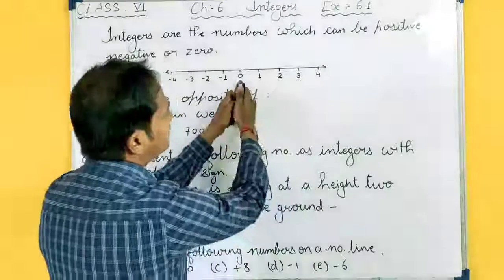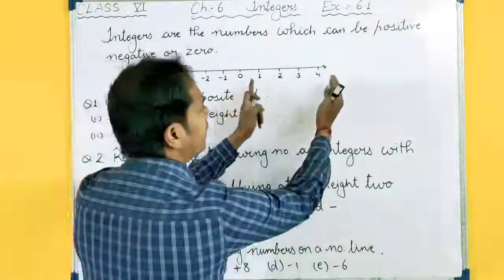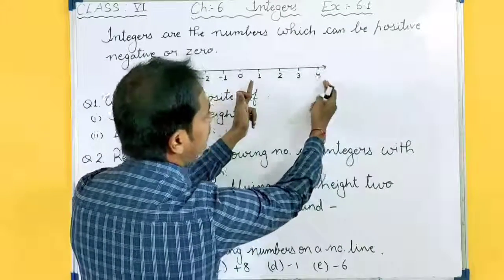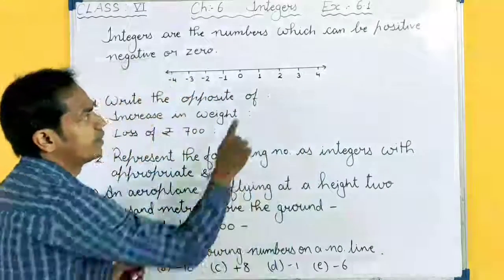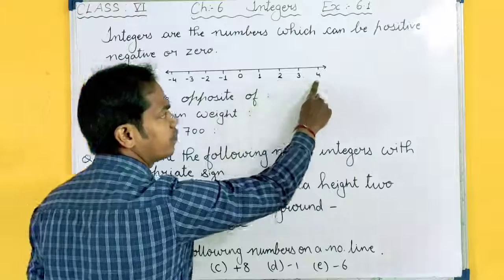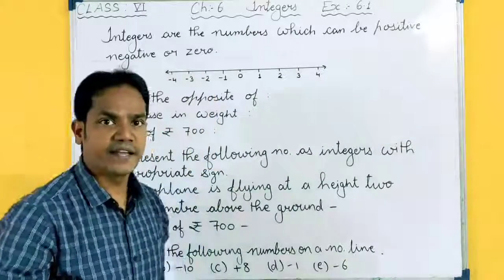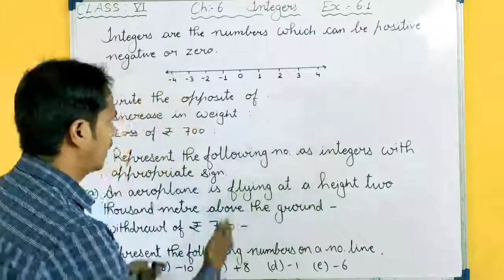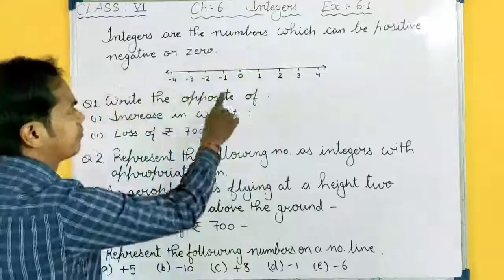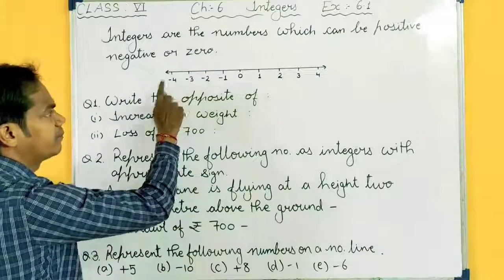The center point is 0 and the numbers to the right side of 0 are all positive: plus 1, plus 2, plus 3, plus 4. It can be extended according to our need. The left side is negative: minus 1, minus 2, minus 3, minus 4.